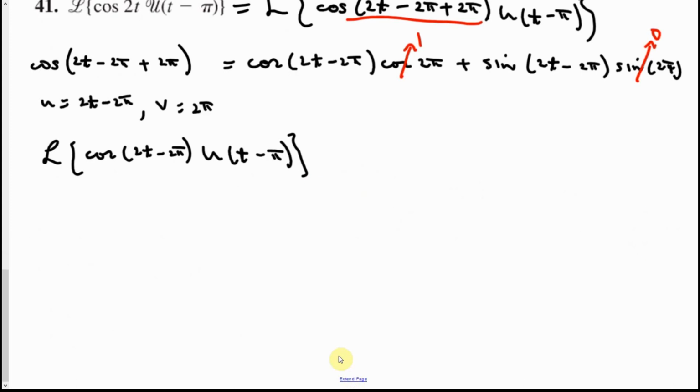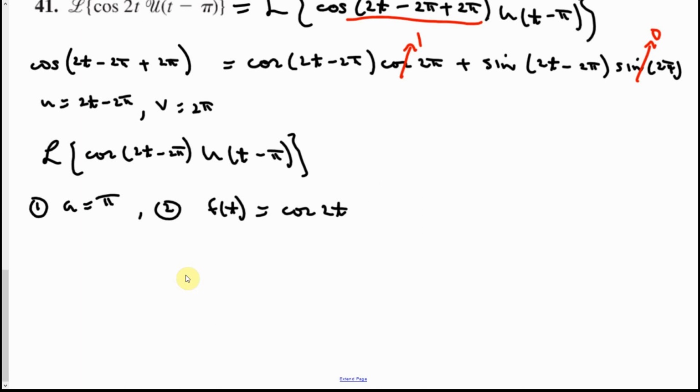Well, we'll take care of that. Let me show you. Two things you want to be able to identify. What is a? Here, a is going to be pi. Then secondly, what's the function f of t? The function f of t is cosine of 2t. Now that 2 there takes account of everything you need.